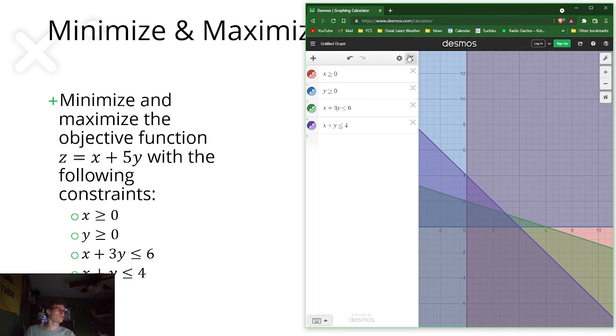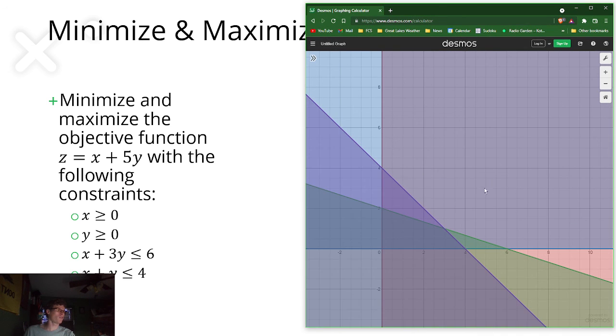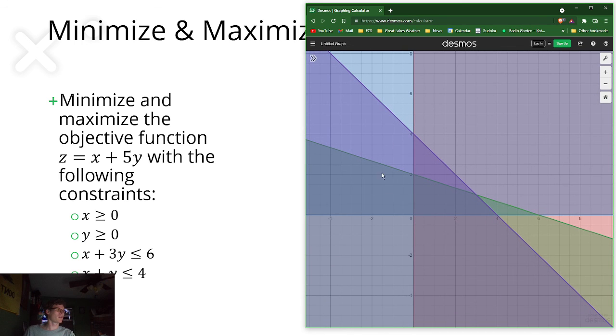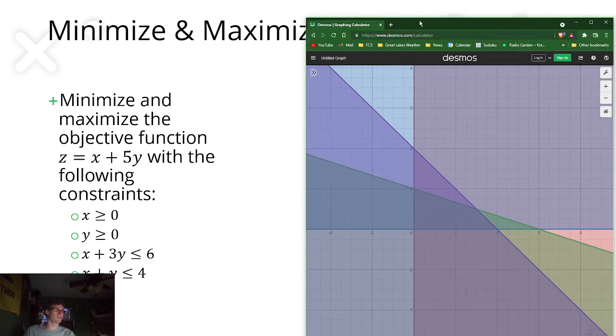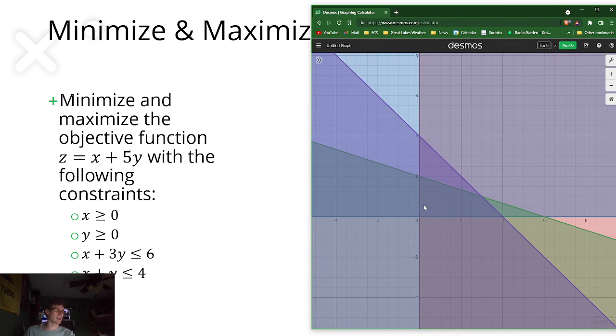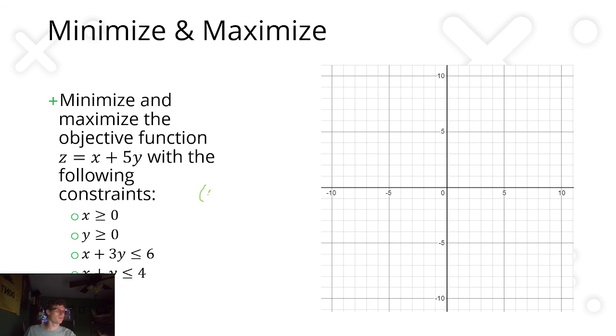So let's use this graph, since we have all 4 lines graphed here. Let's figure out what our vertexes are, okay? Because remember, when we're minimizing and maximizing, we need to use the vertexes on the edges of our solution area. So let's do that real quick. My first vertex I'm going to use is 0, 2.